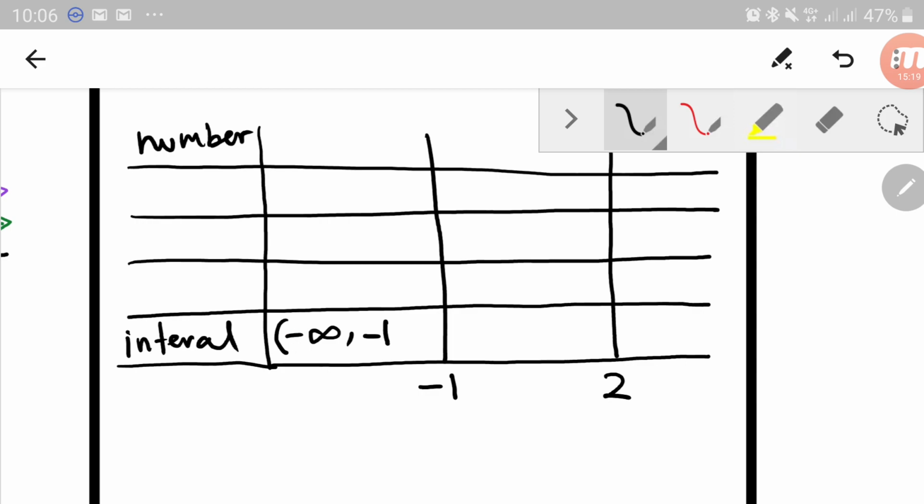Don't worry, minus infinity always accepts an open bracket. While this one is -1 up until 2. We will decide the brackets for the numbers later, but for now we just write the number. This one, open bracket.